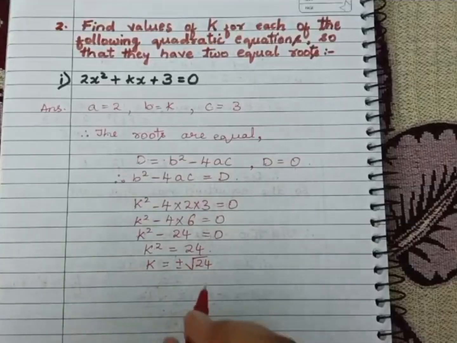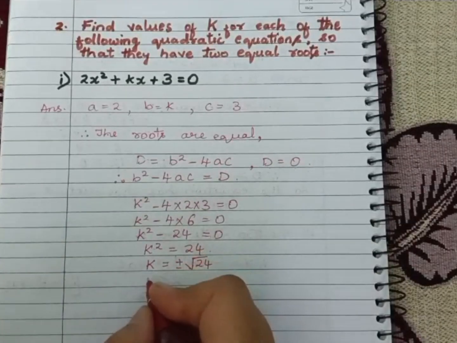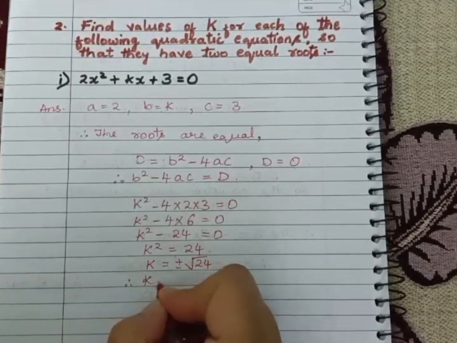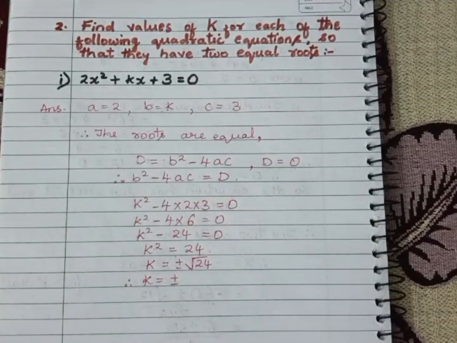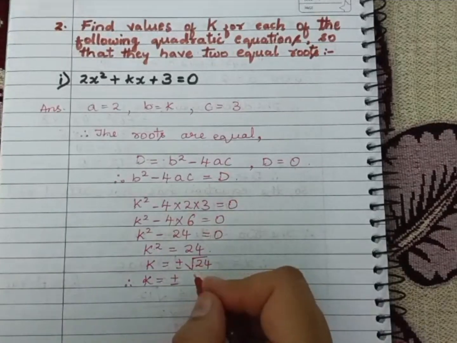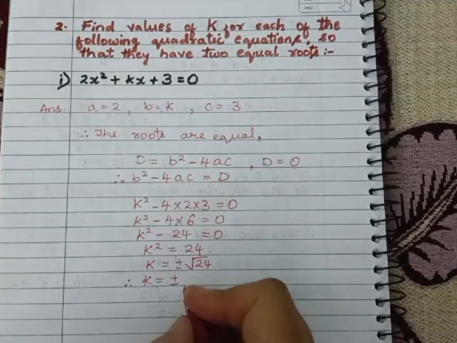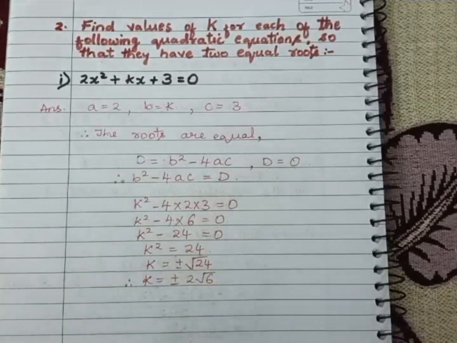So therefore, K is equal to plus or minus root of 24, 4 6s are 24 and square root of 4 is 2. So it becomes 2 root of 6.